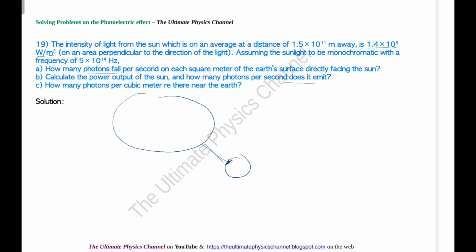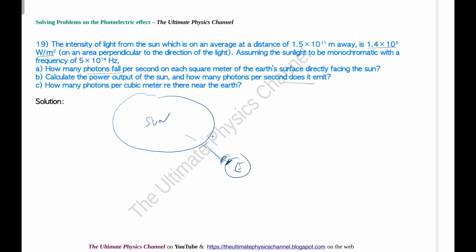The energy per unit area per second is 1400 watts, and then you have how many photons does it emit and how many photons does it receive per second. How many photons per cubic meter are there near the Earth? Here, how many photons are there in this region? These are the questions for this given data.